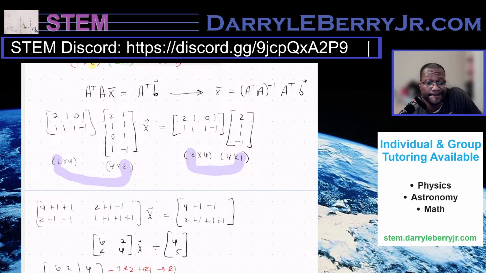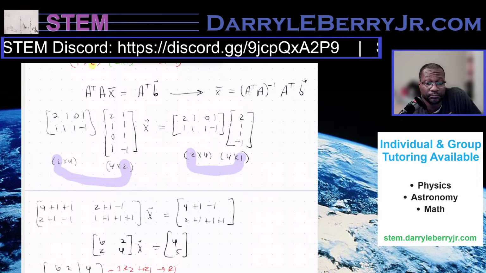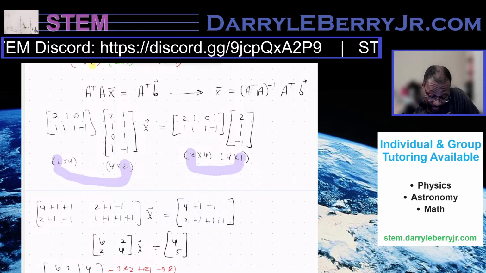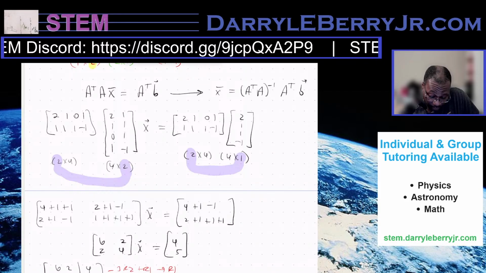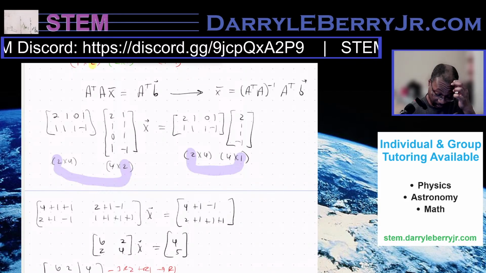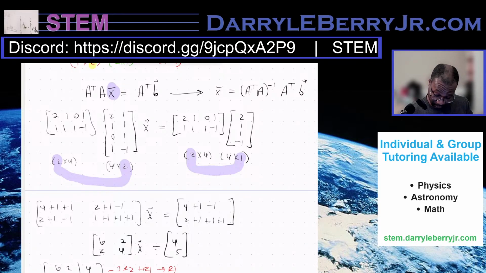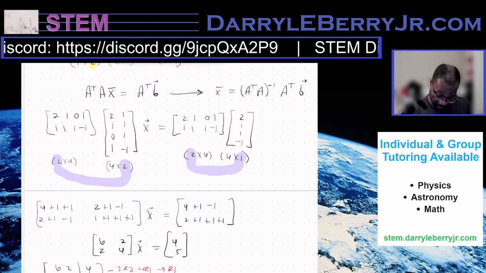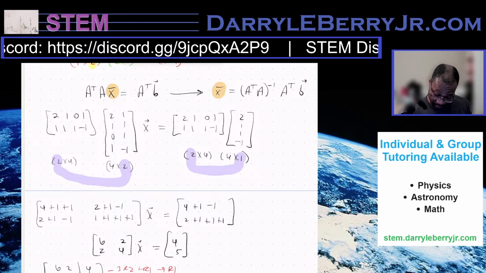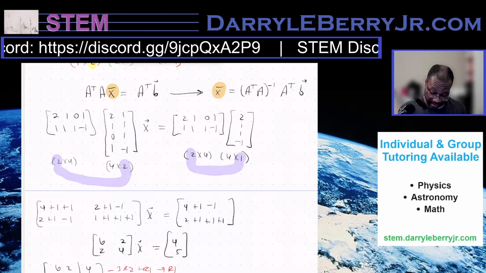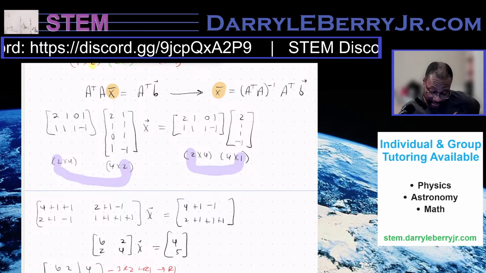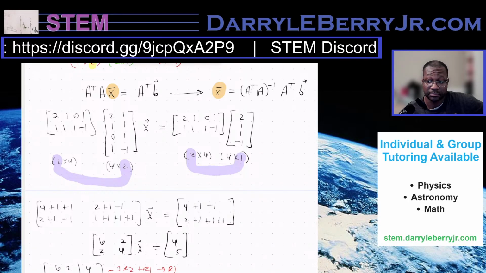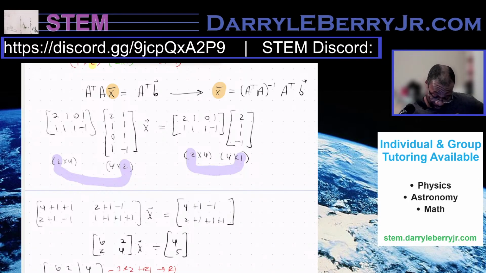It's interesting. There's many ways to look at things. So when you bring the matrix to the other side, it stays to the left or to the right, but it becomes an inverse. Awesome.